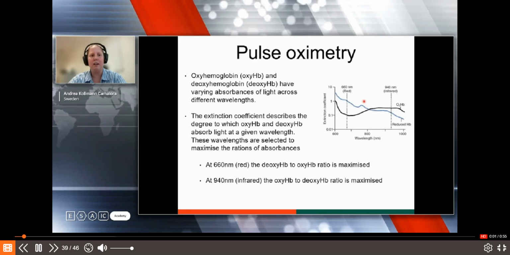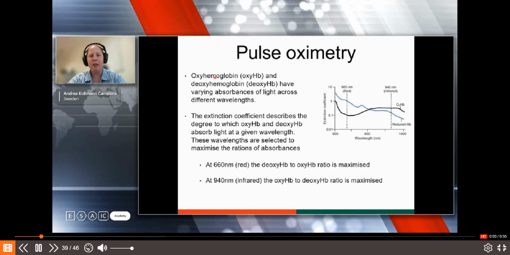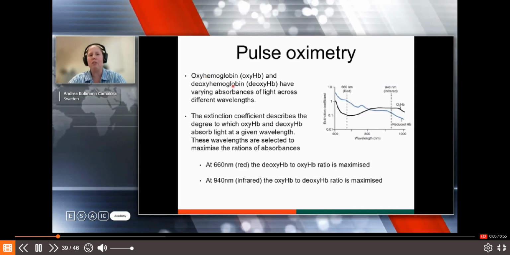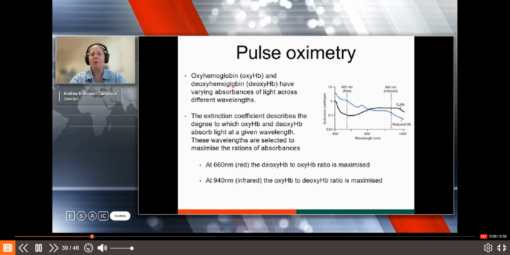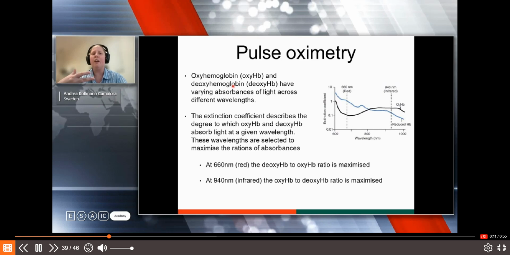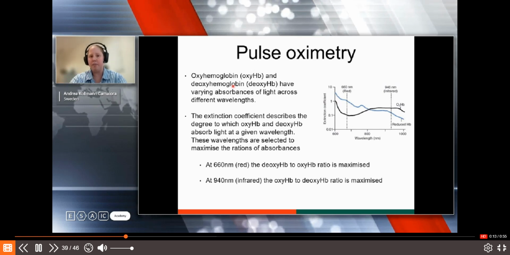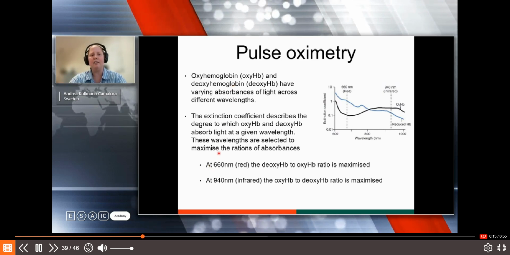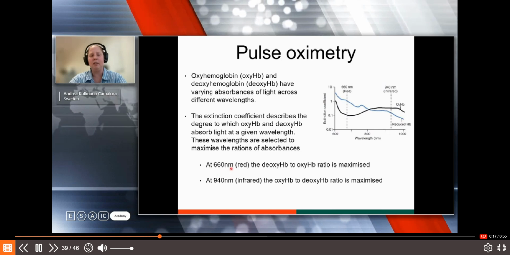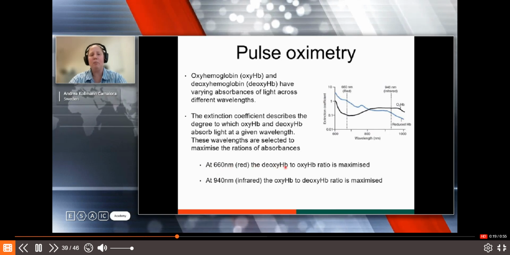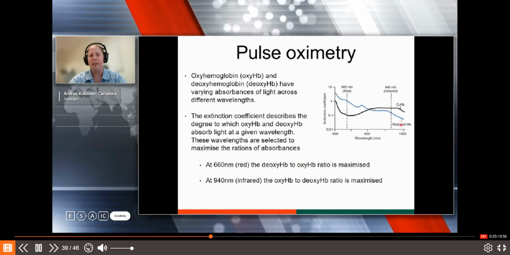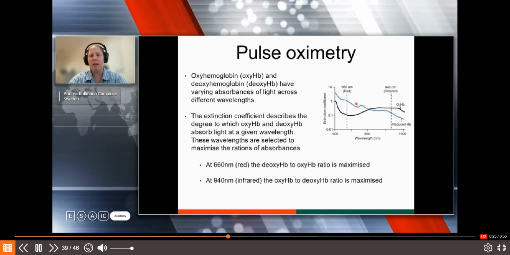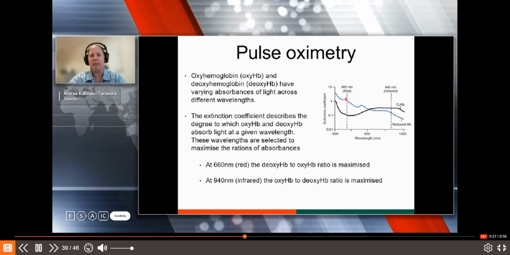So what happens is this. Deoxyhemoglobin and oxyhemoglobin have different absorbances of light across different wavelengths. For example, at 660 nanometers, the deoxyhemoglobin to oxyhemoglobin ratio is maximized. So this is the reduced hemoglobin. It's higher at 660.